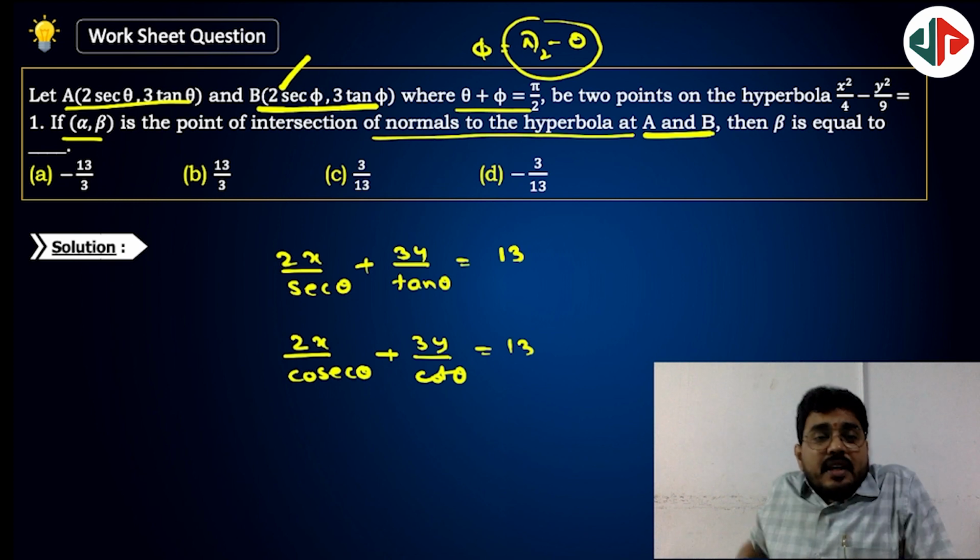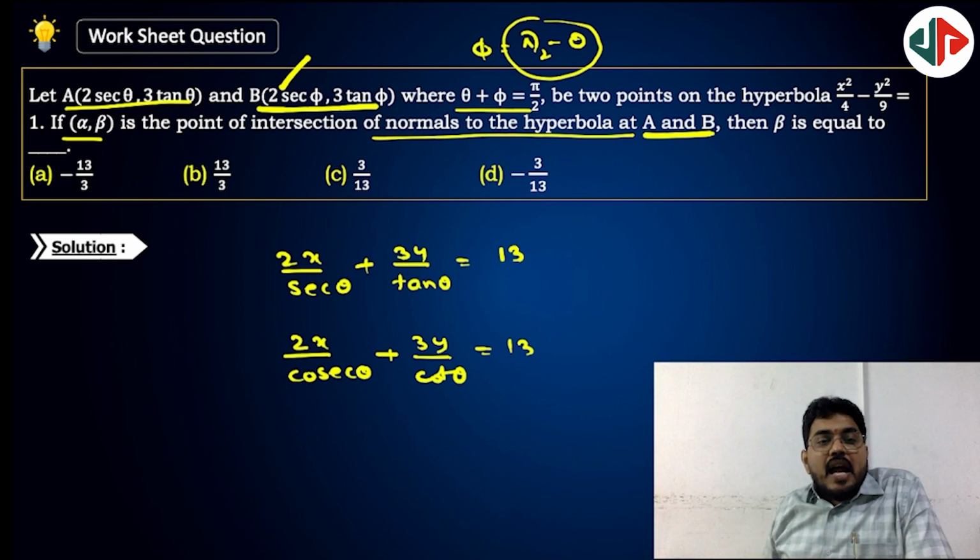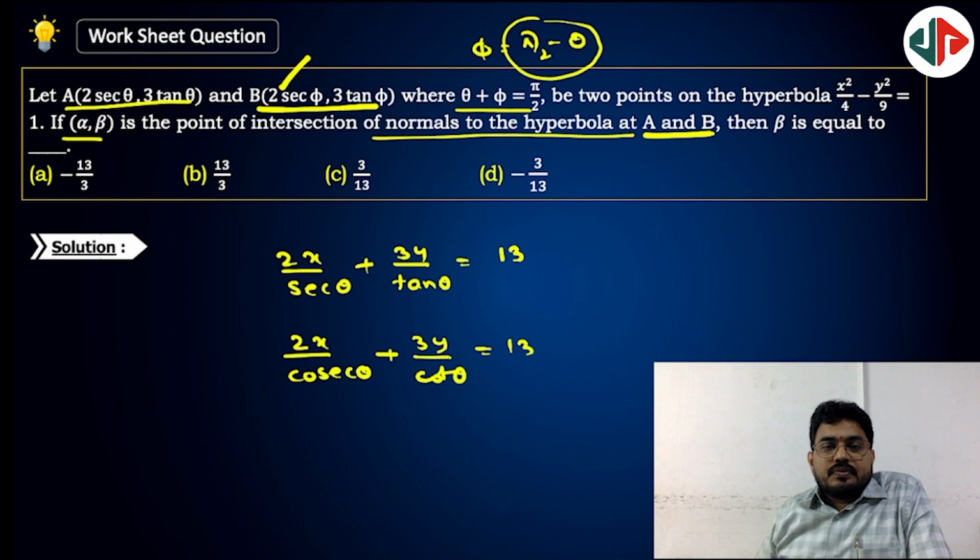So their point of intersection is (alpha, beta). They are asking the beta value, the y value of the point of intersection. So how can we go about this one?